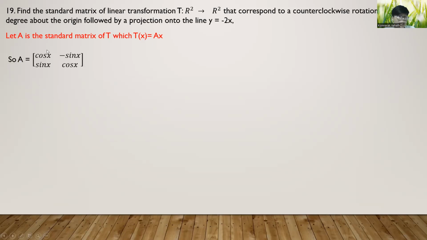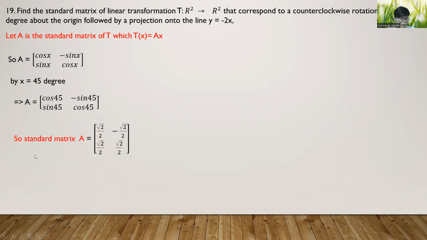So A must be equal to cosine of x, minus sine of x, sine of x, and cosine of x. With x equal to 45 degrees, plug it into the corresponding places. We get cos 45, minus sin 45, sin 45, and cos 45. So the standard matrix of A must be equal to this value.